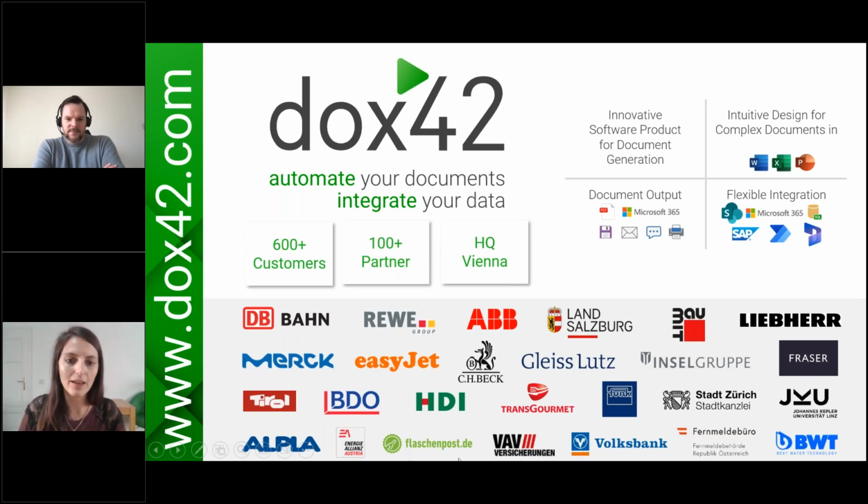Or maybe Flaschenpost, this is the biggest German online supermarket. They're producing, I think, up to 3 million invoices each month with dox42. And yeah, it's quite a big number, and they're quite cool. So if you're ever in Germany and need a beer delivered somewhere, you should go to Flaschenpost.